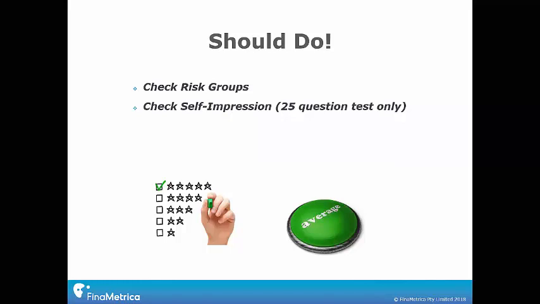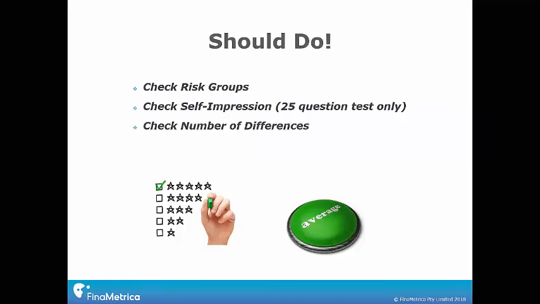Next, checking self-impression. This would apply to the 25-question test version only. If the client's estimate of their risk tolerance score is 10 points or more away from their actual score, you'll want to raise this now, if it hadn't previously been mentioned in the accuracy of the report in the must-dos.